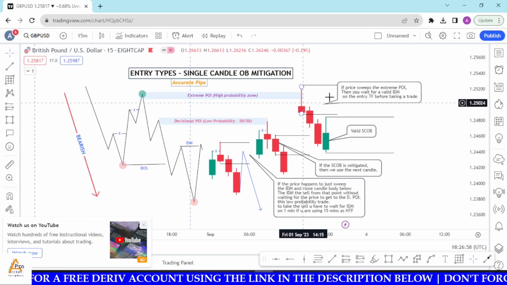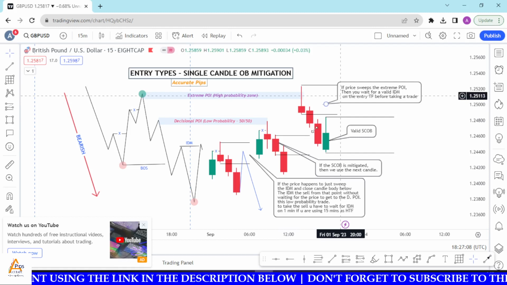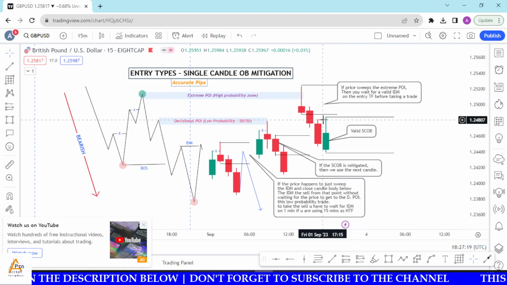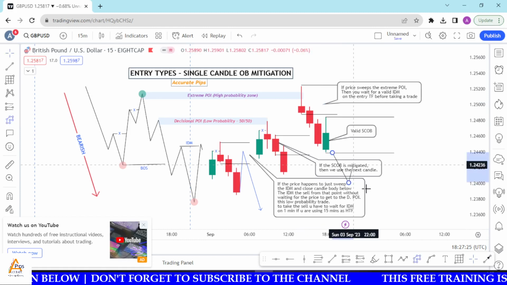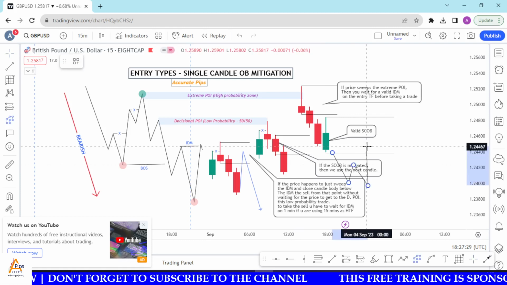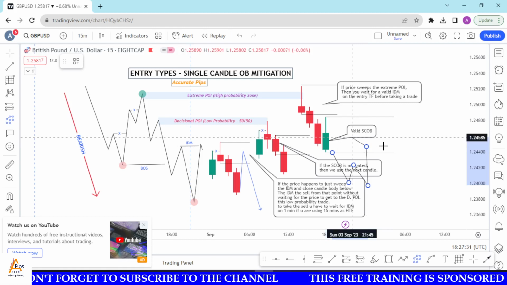So let's say you take this trade, then price moves and then creates another single candle order block below it by taking the high of this candle. When that happens, you wait for market to go down, create inducement on the lower time frame, take the inducement, come into your single candle order block, then you take your entry. Okay, all right.